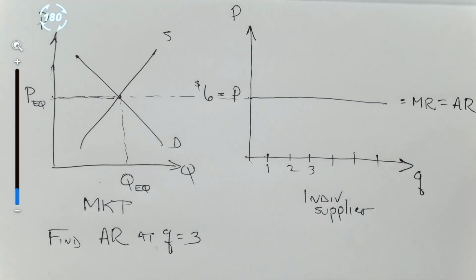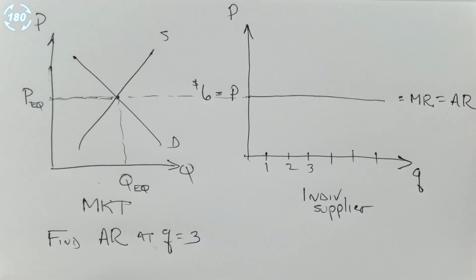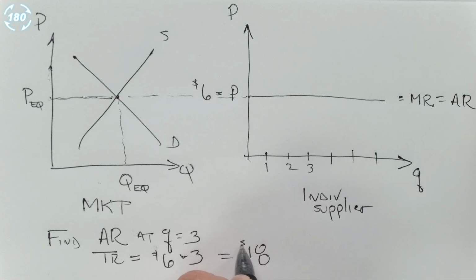So what's average revenue at 3 units? It's total revenue. Total revenue is equal to price, 6, times 3 units, right? So this is $18 is the total revenue. So the average revenue is the total revenue divided by the price, which is 18 divided by 6.